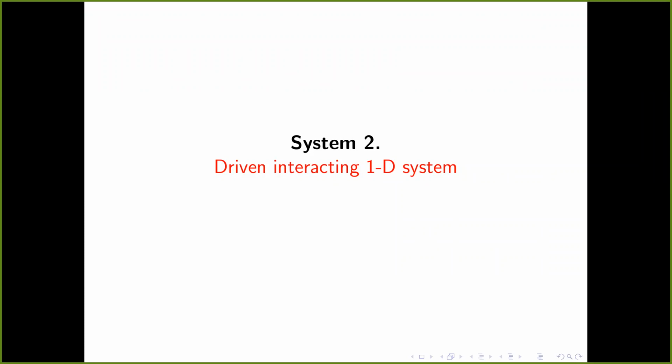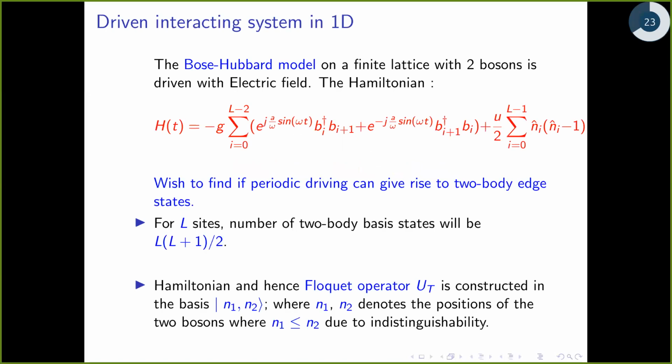Let me go over to the interacting system. Here, the system is a Bose-Hubbard model. Here is the driven part, and here is the Bose-Hubbard interaction. I did the calculation with 2 bosons present in the system, not many bosons.